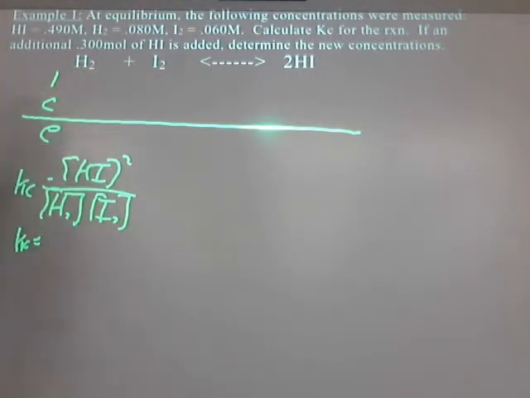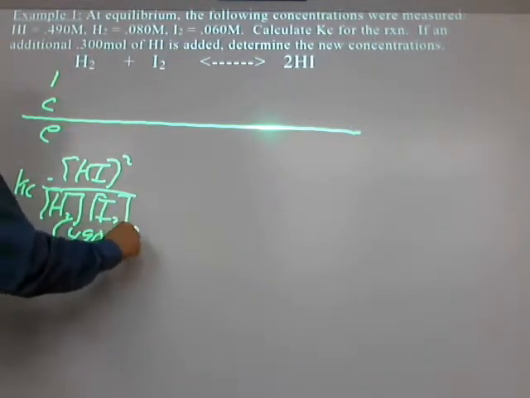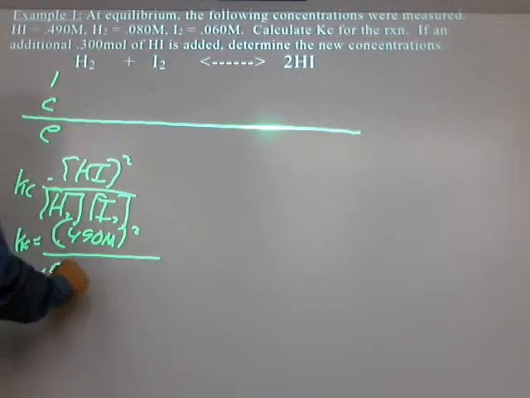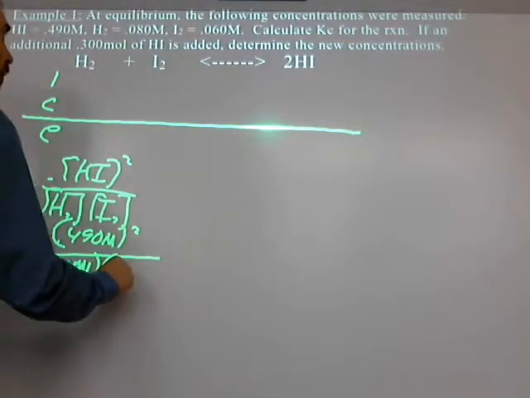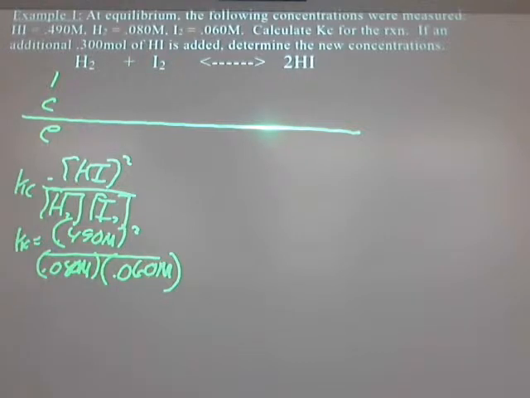The reason you do this is it reminds you to square this term. HI was 0.490 squared over H2, which was 0.080, times I2, which is 0.060. Yay. Get your calculator out. What does KC equal?